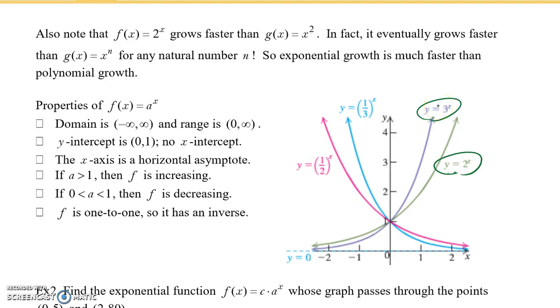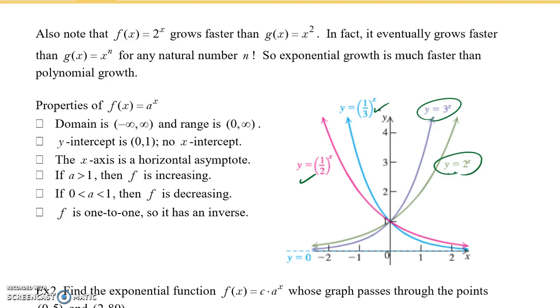You can see that the graphs rise from left to right. On the other hand, if the base is less than 1, such as in the case of y equals 1/2 to the x or y equals 1/3 to the x, the function is decreasing and the graph falls from left to right.